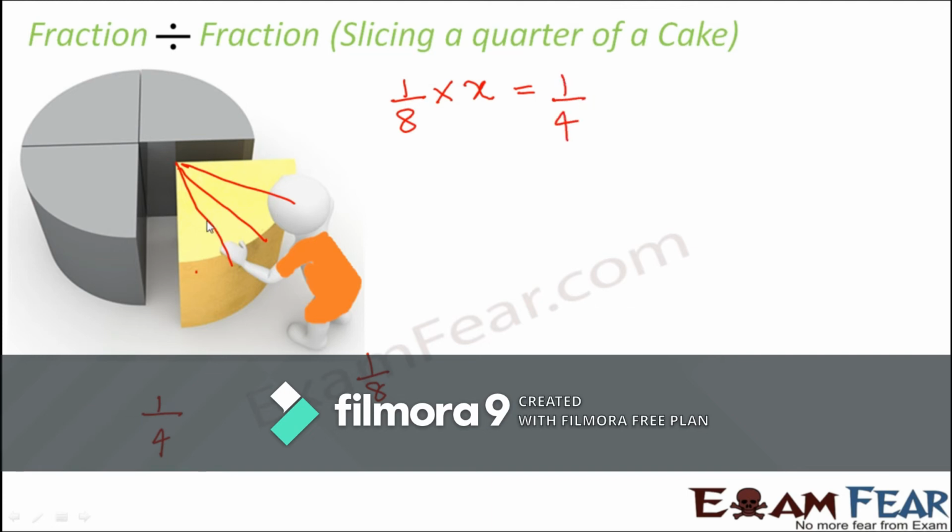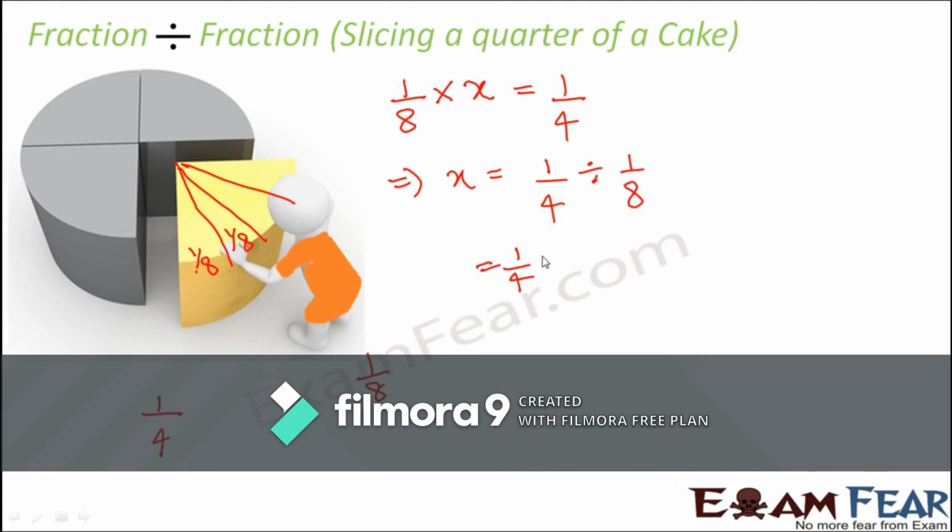Let us say you cut it into 3 slices. That means 3 multiplied by 1/8, because each part should be 1/8 of the cake, should be equal to 1/4, because this total part is 1/4. So in this fashion, what would be X? X would be equal to 1/4 divided by 1/8.